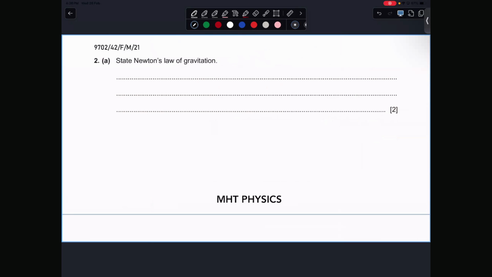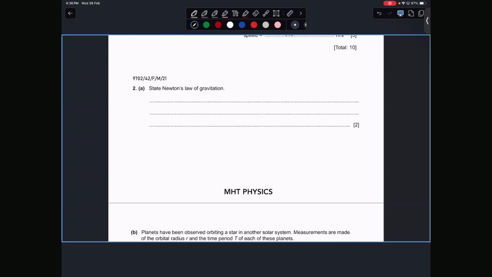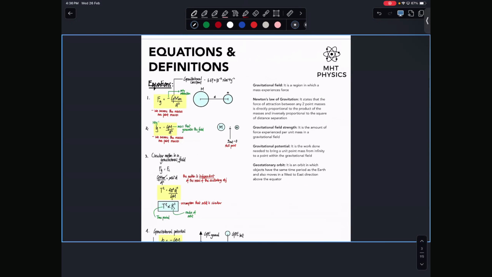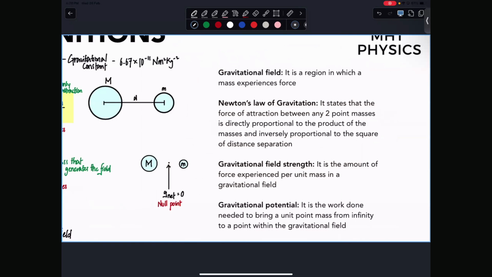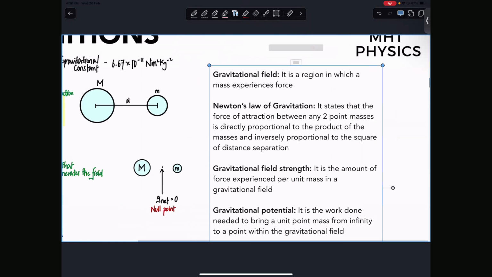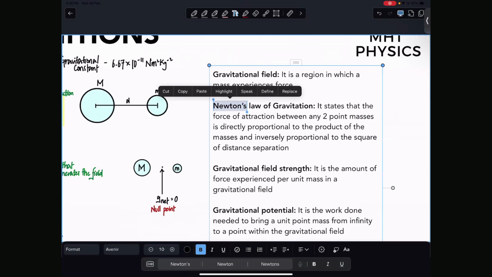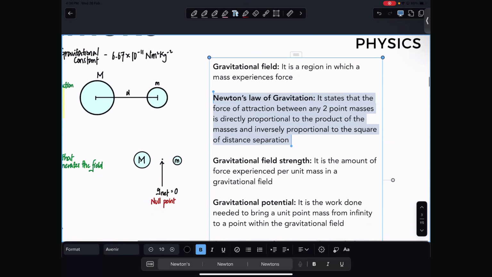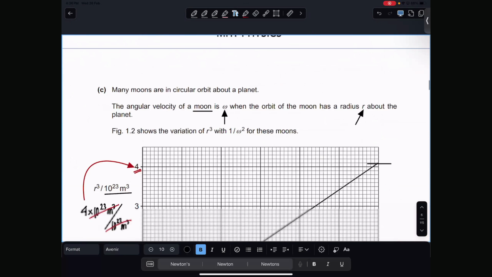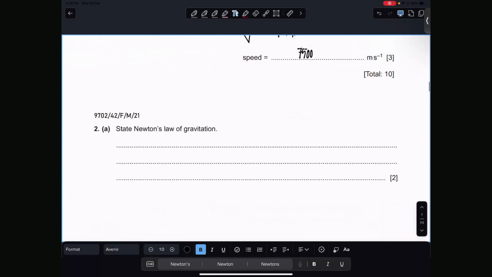Let's look at this one. State Newton's law of gravitation. As far as I remember, it took 2 marks.